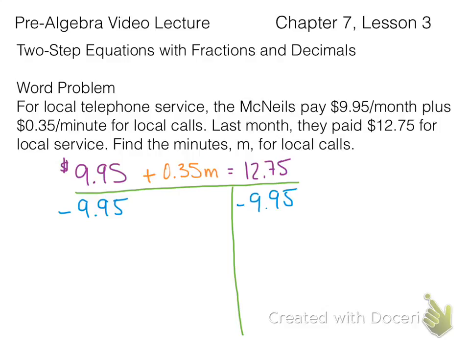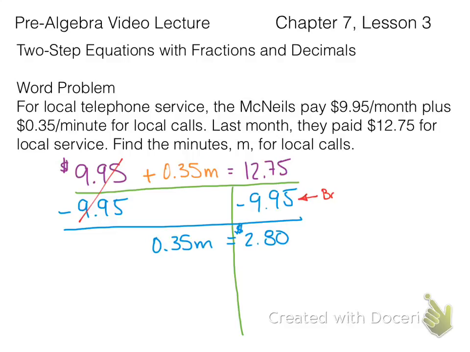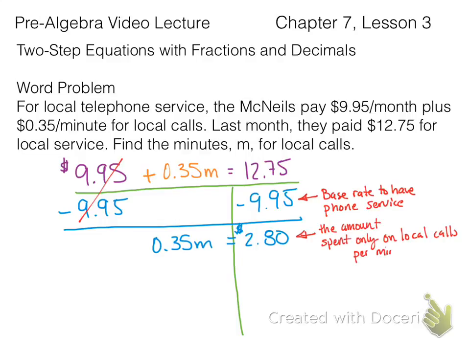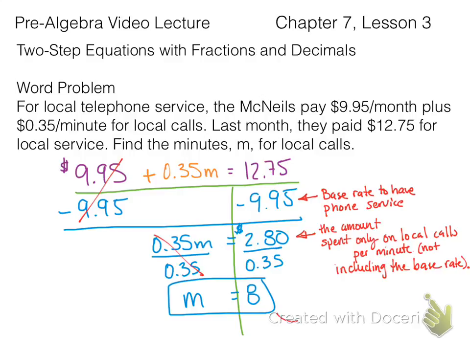Just remember that the $9.95 is the base rate to have the phone service. They're going to pay it no matter what. The remaining amount after subtracting $9.95 from their $12.75 phone bill is what they spent only on local service per minute, not including the base rate. Divide by 35 cents. They spent 8 minutes on the phone.